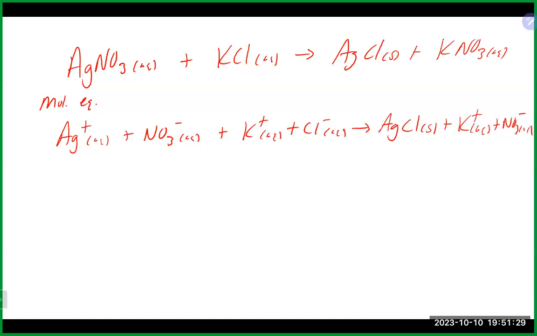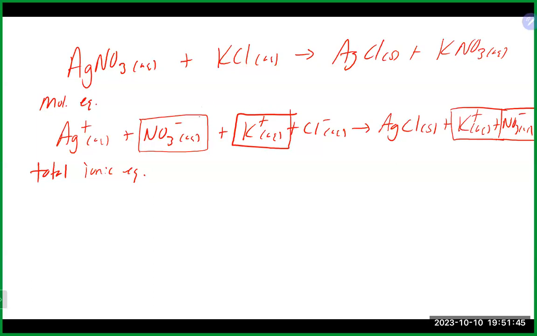That means in this particular case, from our total ionic equation here, our spectator ions are nitrate on both sides, and potassium.